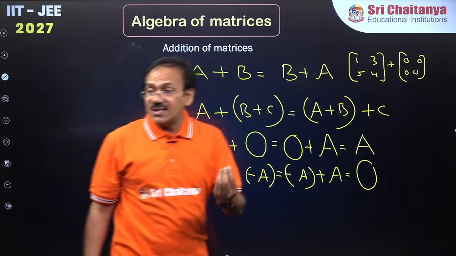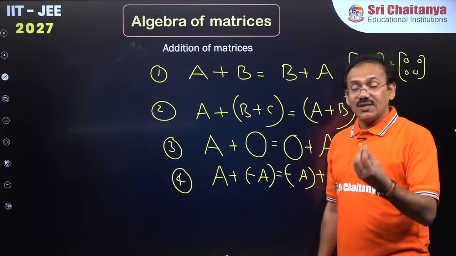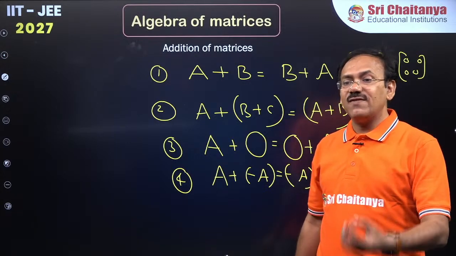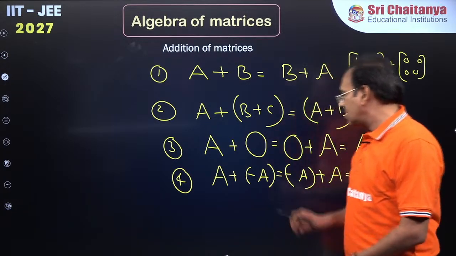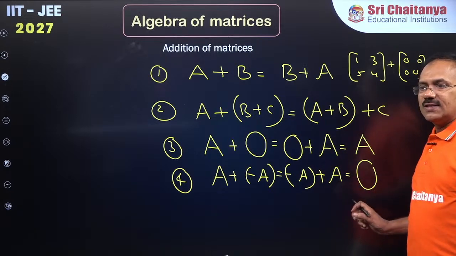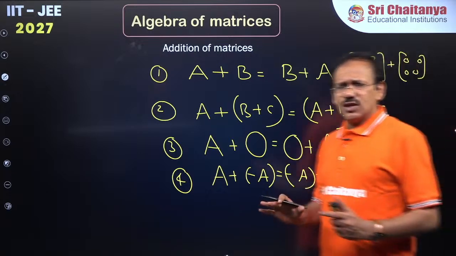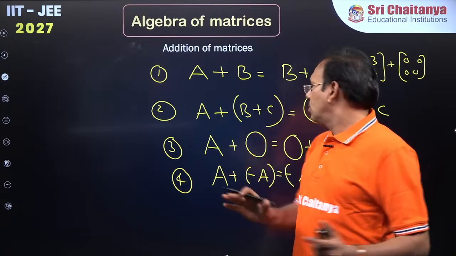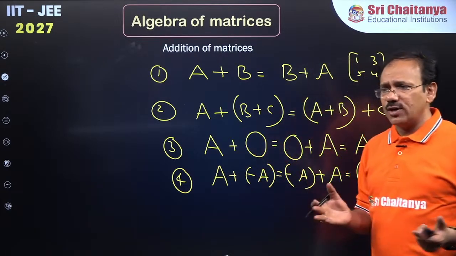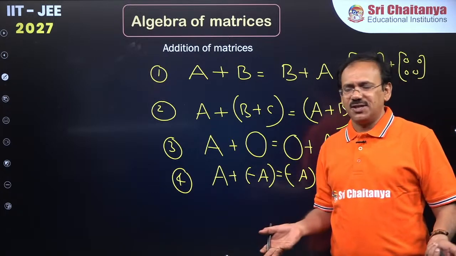For the matrix A, additive inverse is minus A, because if you add these two, you get the identity 0. Simple? Clear, everyone? This is very simple, you can do it well. So addition of matrices is as easy as simple addition.